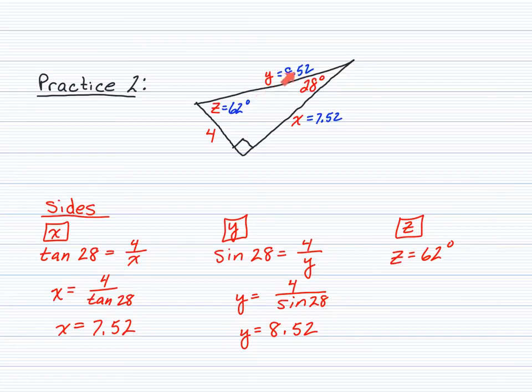So that's one of the things you can check, is that your hypotenuse is definitely the longest side, which it is here. And we also want to check the smallest angle. The side directly across from it has to be the smallest side, which it is in this situation. And then the middle-sized angle across from it would be the middle length.